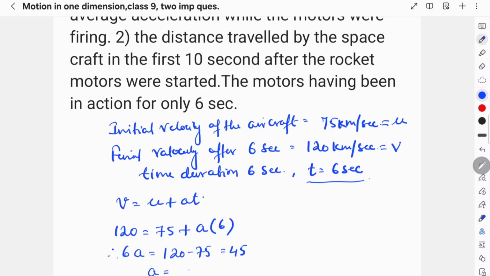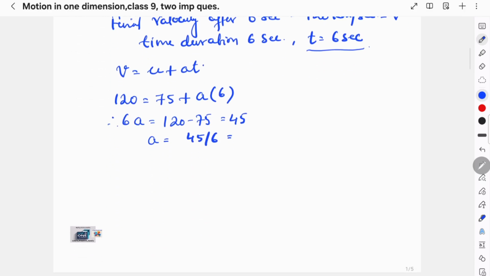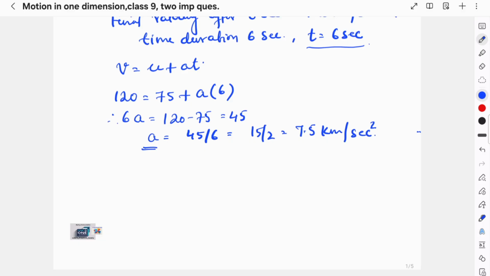So acceleration is 45 divided by 6, which is 15 by 2, that is equal to 7.5 km per second. So now we have the solution for the first part. The average acceleration is 7.5 km per second square.